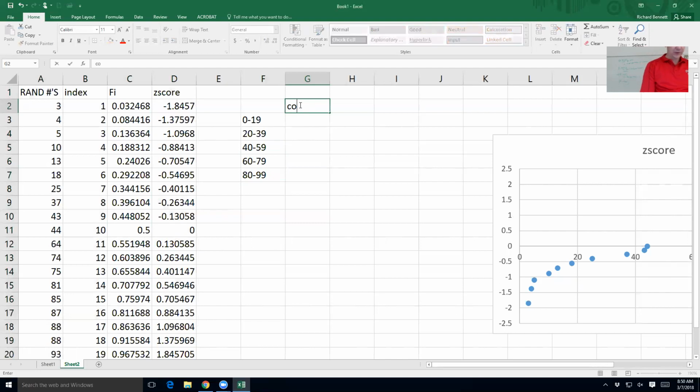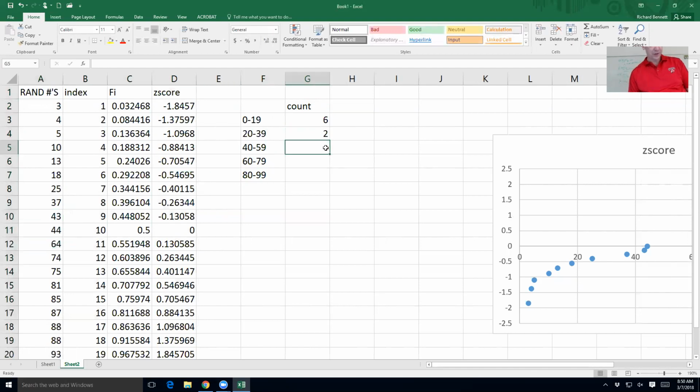And then I got my count. So 0 to 19, that's 6. Now 20s and 30s. Oh wow, that's only 2. That doesn't look normal. 40 to 59.